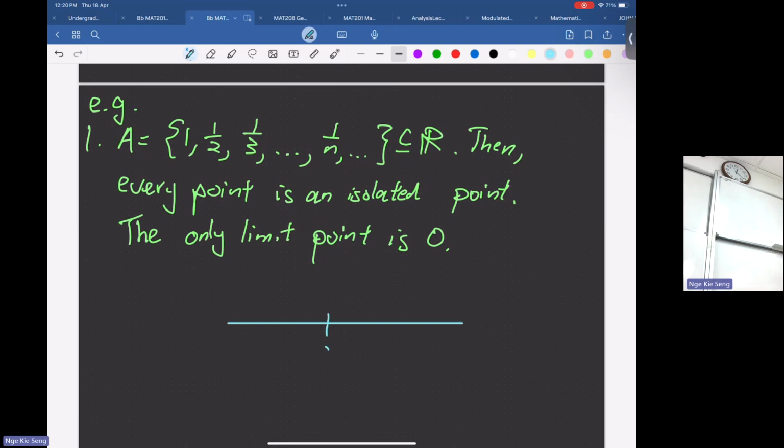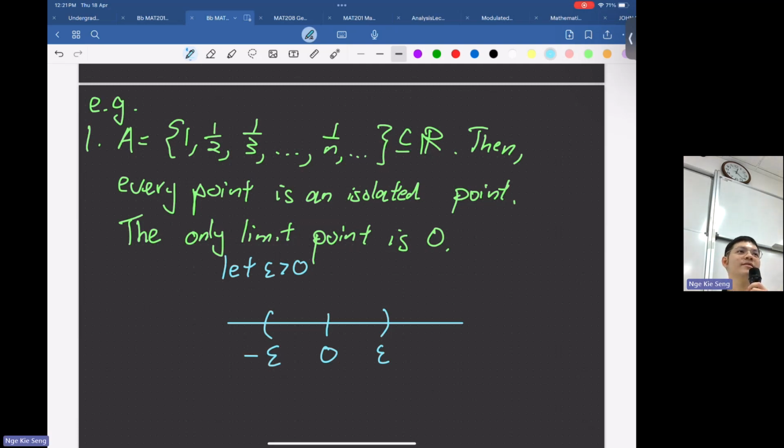Let's recall your MA knowledge. I have a zero here. I need to show for all epsilon, so let epsilon be greater than zero. Can you find a member, 1 over n, inside this open interval? Can you find it or not?